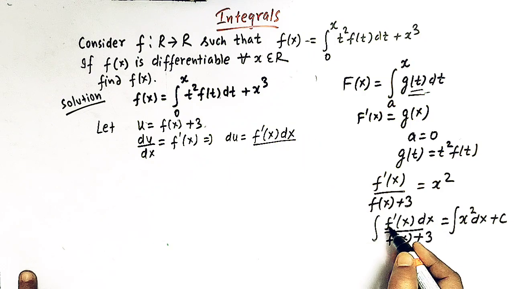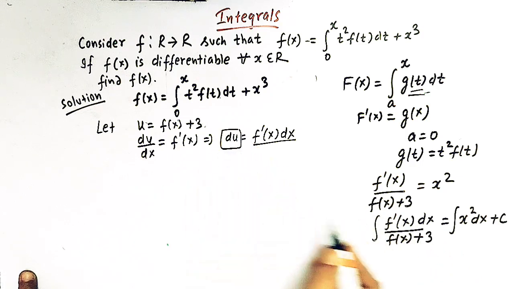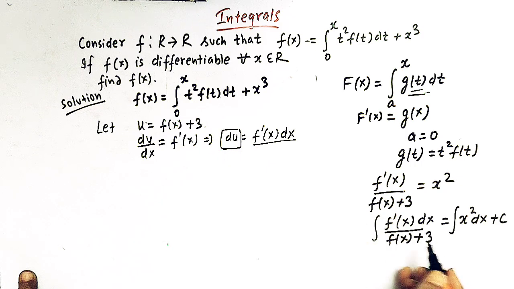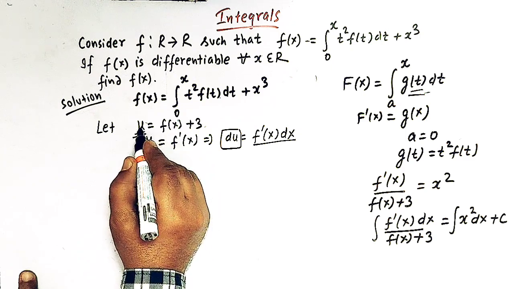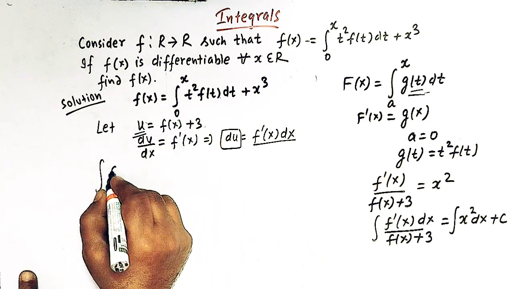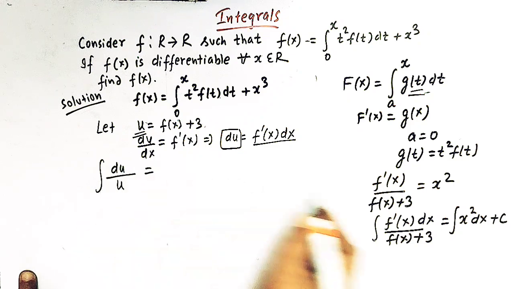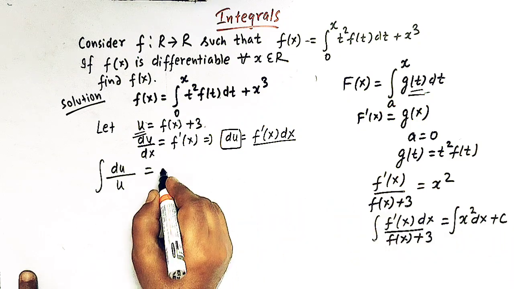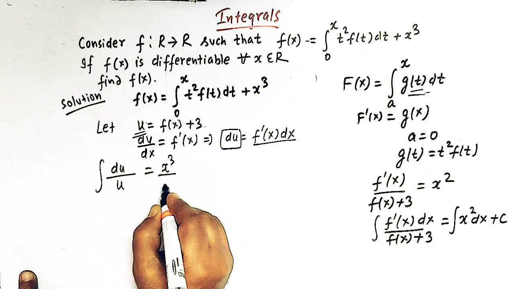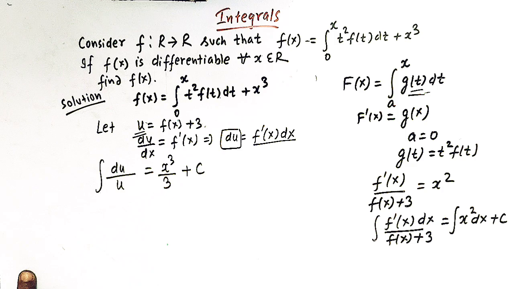So now for f prime of x dx, we can write du, and for f of x plus 3, we can write simply u. So we have the integral du over u, and here the integral of x square is x cube over 3, and c is the constant of integration.